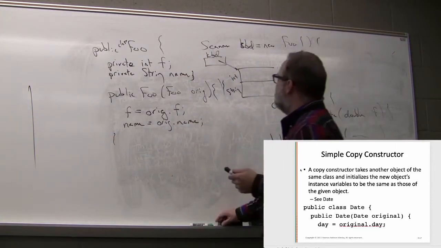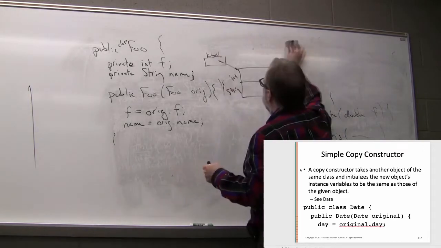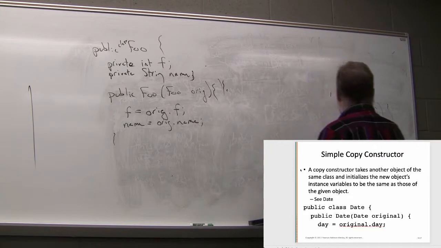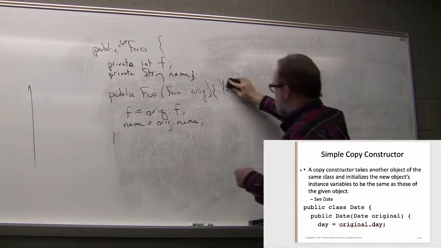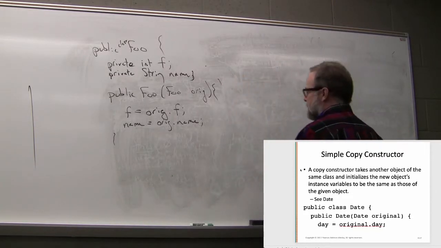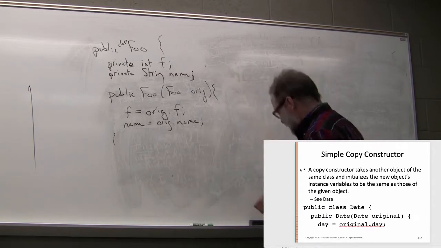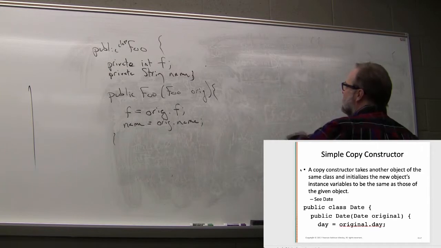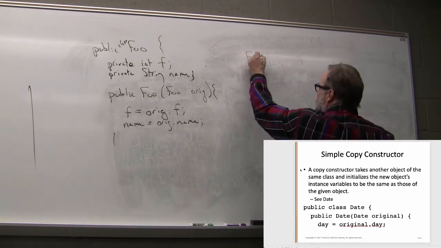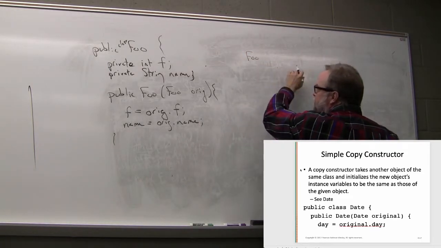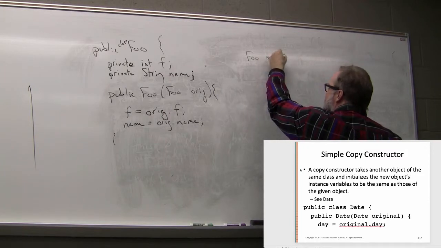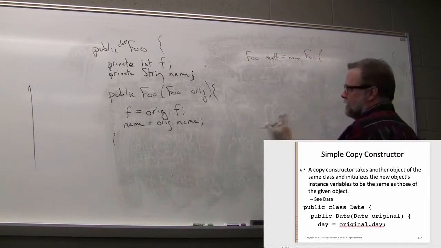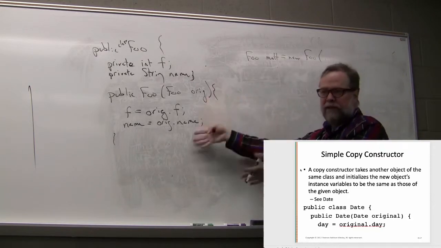Let's think about how this works. What does it do? I'm in some other class someplace, and I'm going to make one of these foo objects. So I'll say foo Matt gets new foo, and let's assume I still have the constructors I showed you before.